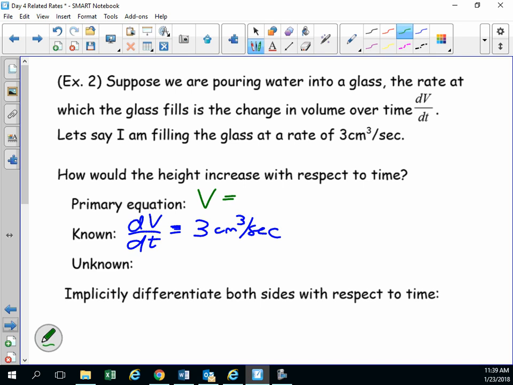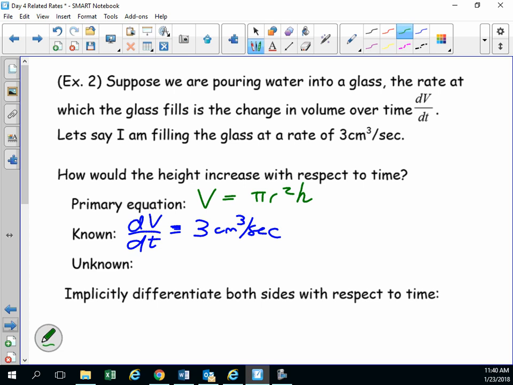It's the base area times the height. 2 pi r squared or pi r squared? Pi r squared. Base area times the height. It's not surface area. Pi r squared times my height. Pi r squared h.